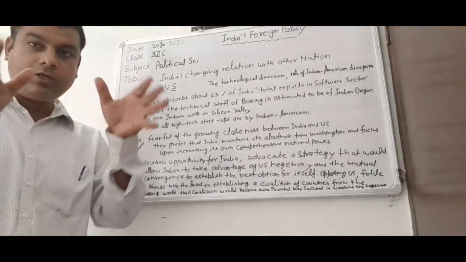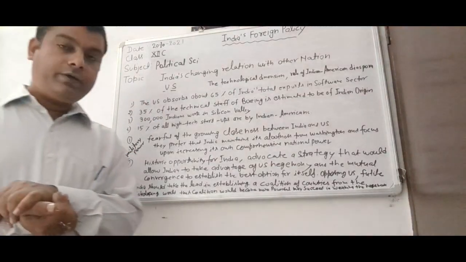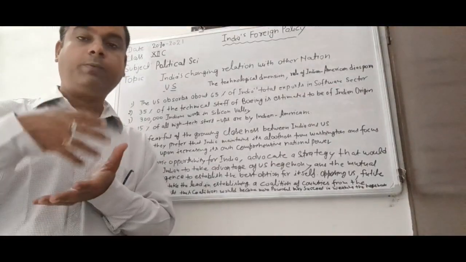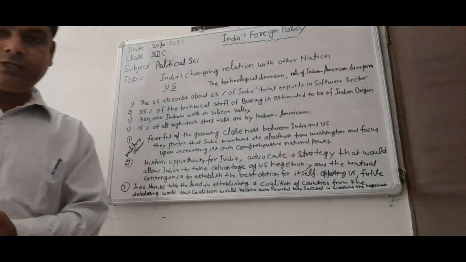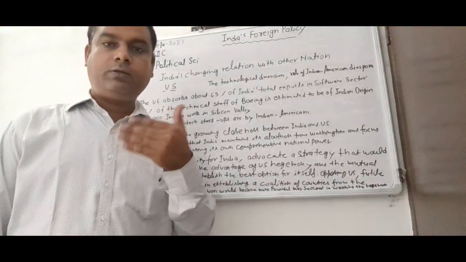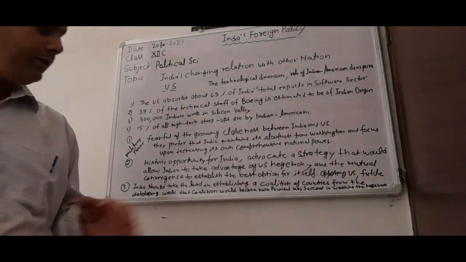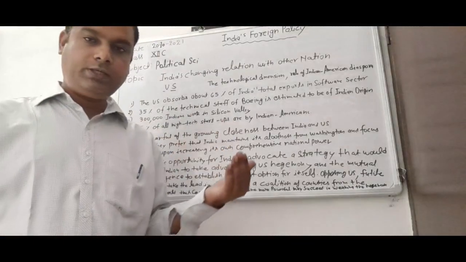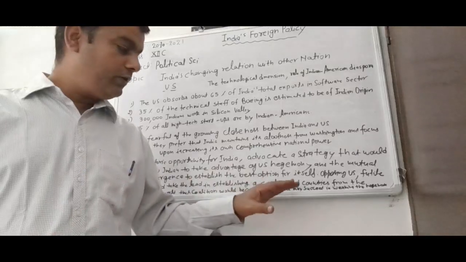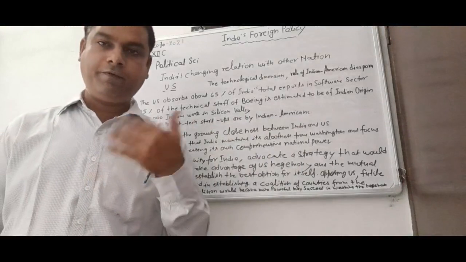India should make a coalition of the developing countries, and with time this coalition will become powerful, and after some years this coalition may succeed in winning against the hegemon.